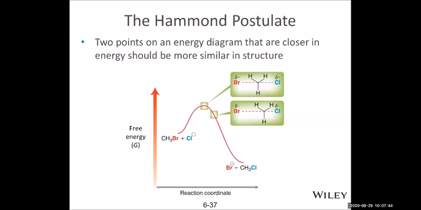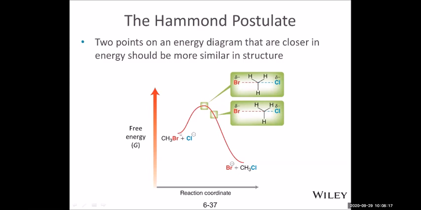The hypothesis is that if you have an energy diagram, starting from the reactant and becoming product, on the reaction energy curve, if two points are closer, then their structures must be more similar than two points further away from each other. So this hypothesis is intuitive.